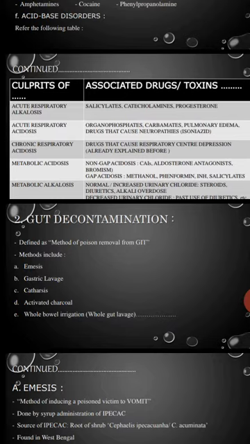Next, administration of activated charcoal. Next, whole bowel irrigation. So these are the 5 steps that come under gut decontamination. These are mostly helpful for orally ingested poisons.